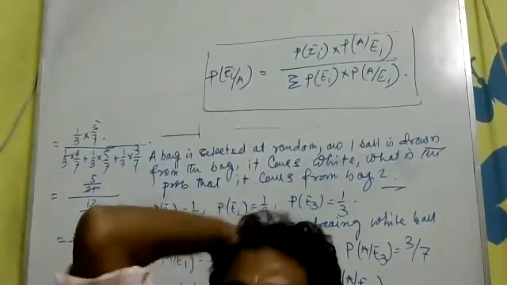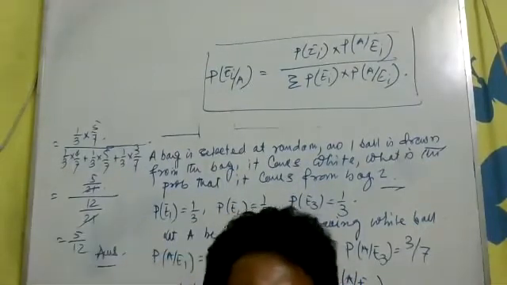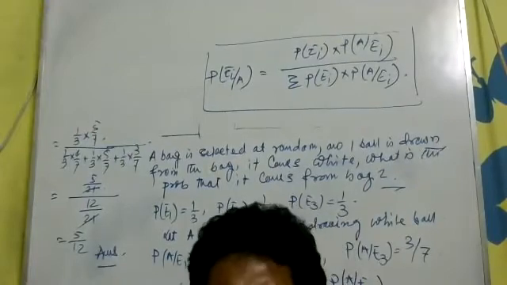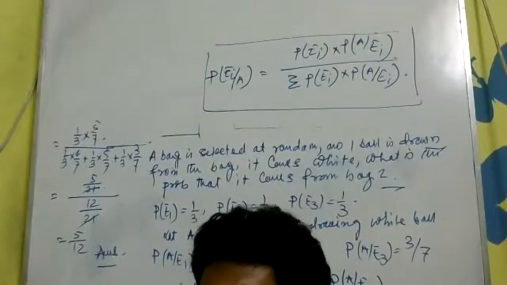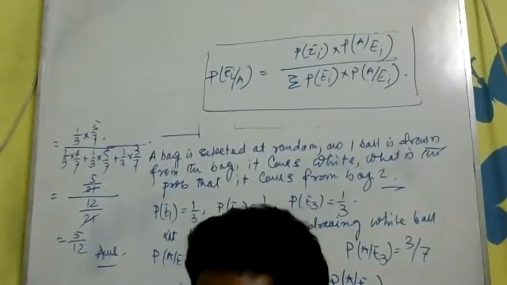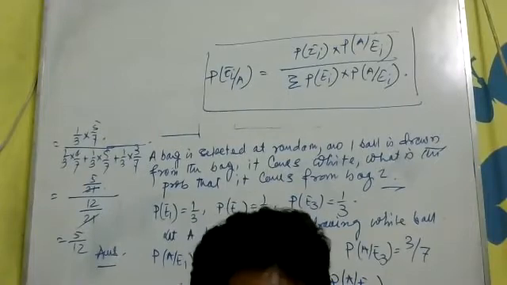Next sums. What is the probability that in a game of bridge a hand of a specified player will contain all 4 aces? सर ब्रिज के बाद क्या बोले आपने?